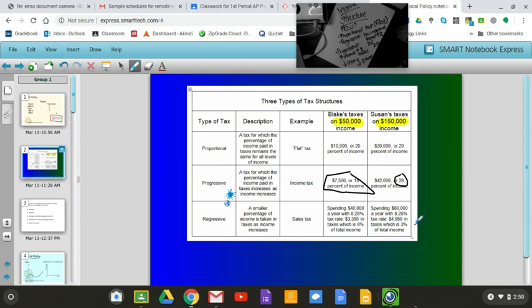Susan, only 3% of her income is sales tax because she has a smaller marginal propensity to consume because she's saving more. Susan has the ability to save, so her MPC is going to be much smaller, which means that sales tax is not really going to hurt Susan as much.